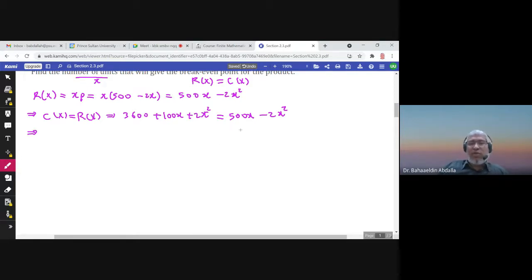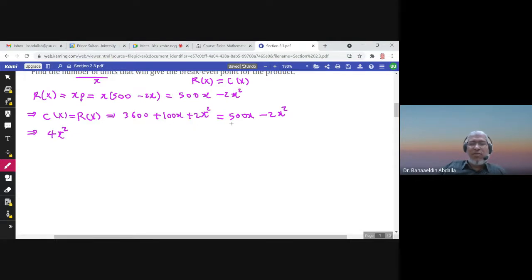And to solve a quadratic equation, you have to take everything to the left-hand side. So I have 2x squared here, and here I have negative 2x squared. When you take it to the other side, it would be positive 2x squared. So 2x squared plus 2x squared, I will have 4x squared on the left-hand side. And then I have 100x here and 500x here. When you take it to the other side, it would be minus 500x.